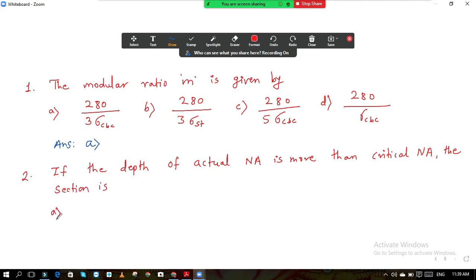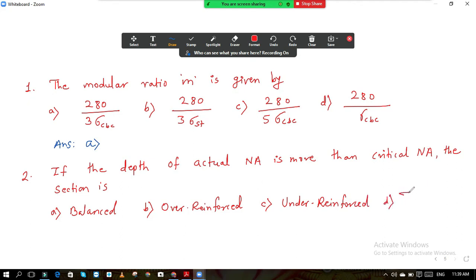Your option A is balanced section, option B is over reinforced, option C is under reinforced, and option D is transformed.